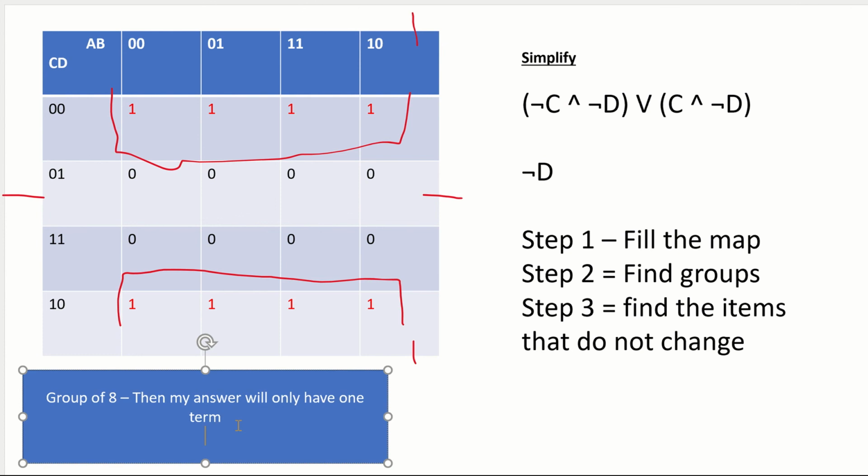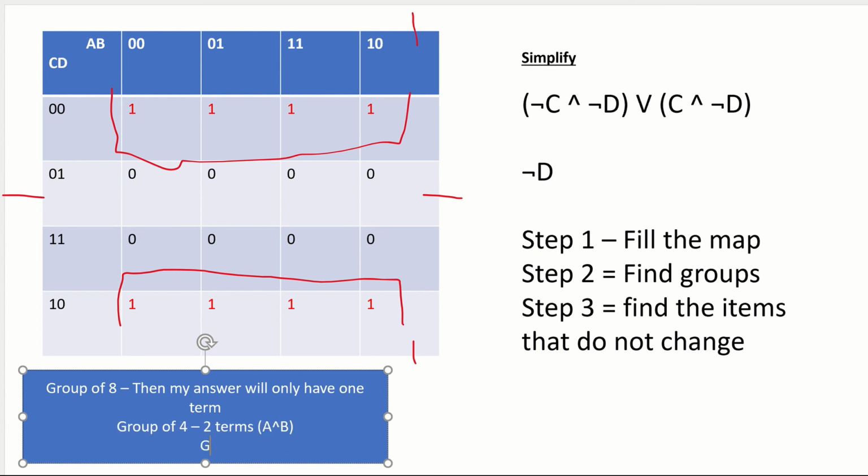If it's a group of 4, it's going to have 2 terms, so for example, something like A and B. If it's got a group of 2, then it's going to have 3 terms. Now notice the smaller the group, the more terms it has, which means the longer the equation is going to be, therefore the worse it's going to be.